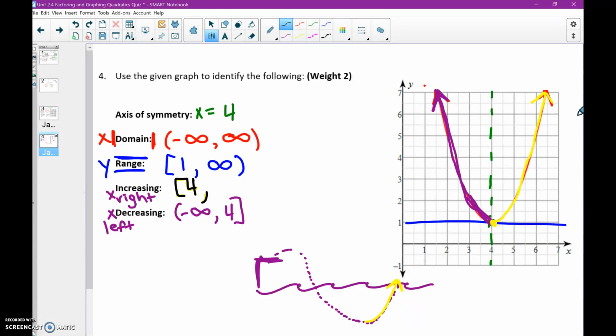It's going to keep going up, up, up forever. And you should see that increase and decrease cover every single number. Negative infinity to 4, 4 to positive infinity. So everything in between negative infinity and positive infinity is covered between these two things. All right? So those are the answers for that one.